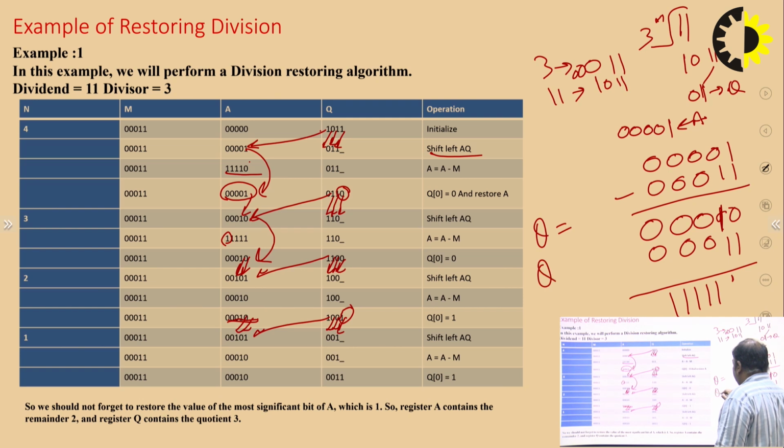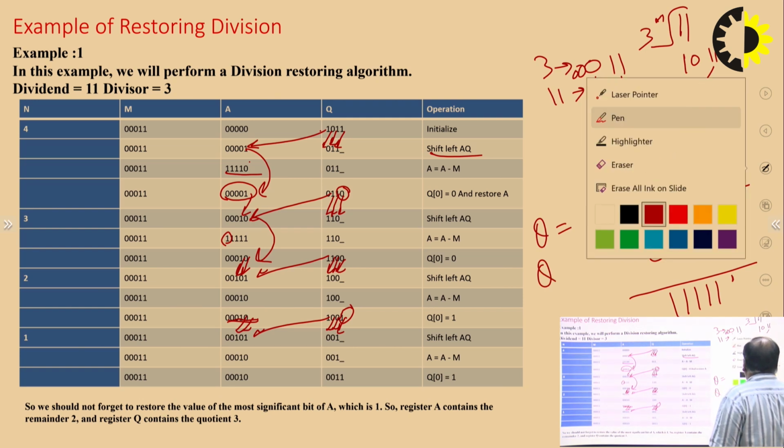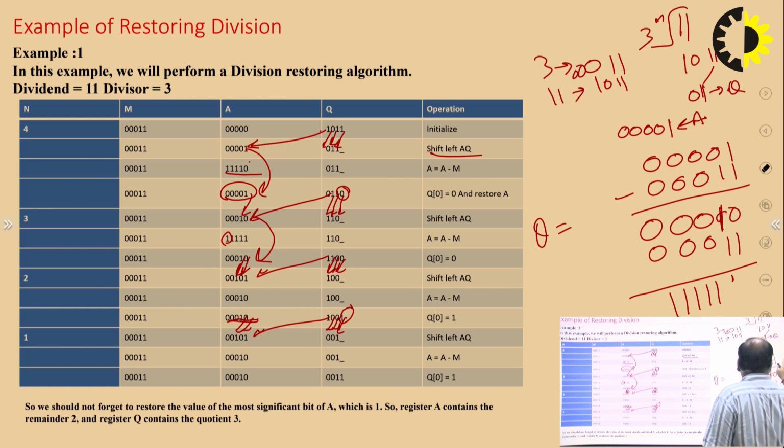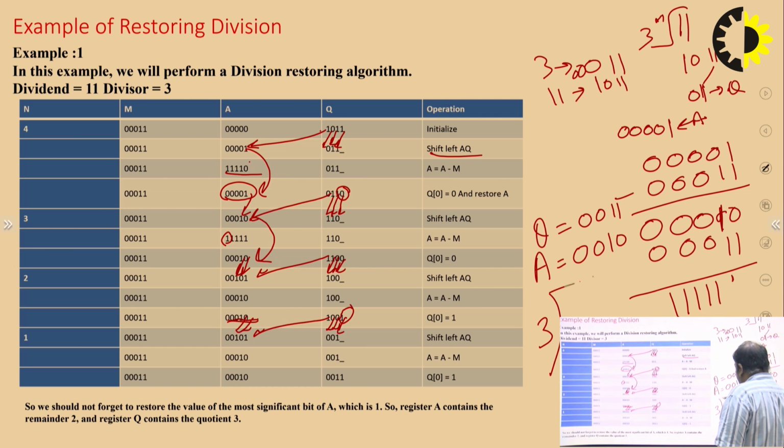Q is equal to 0, 0, 1, 1. A is equal to 0, 0, 1, 0. If we now do a normal division, we find 3 3s are 9 and the remainder is 2.